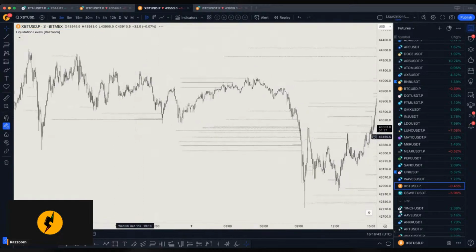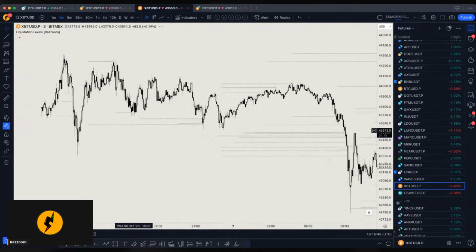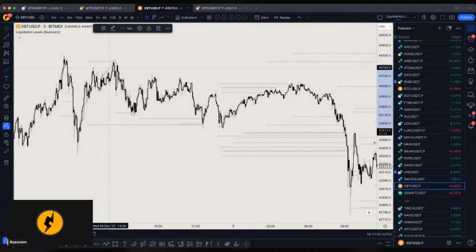I didn't hand pick it. You can open up your charts and watch it happening in front of your eyes. A lot of the time you get moves like this: you go up, touch the liquidation level, go down to another liquidation level, then go up, then down to another one. The reason is that the crypto market basically works like that.